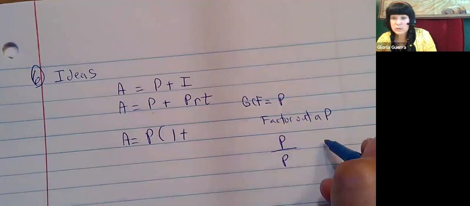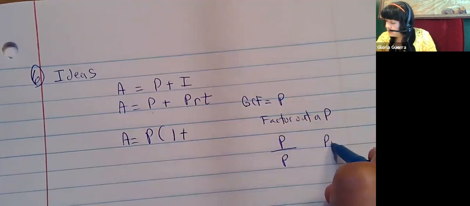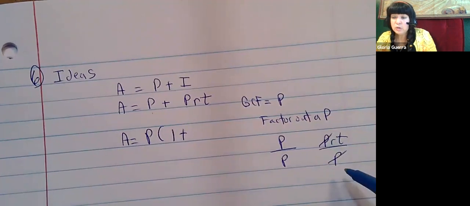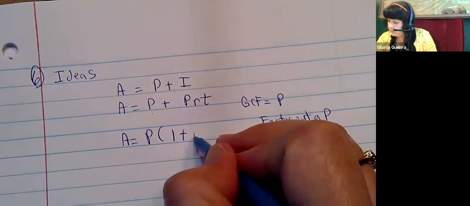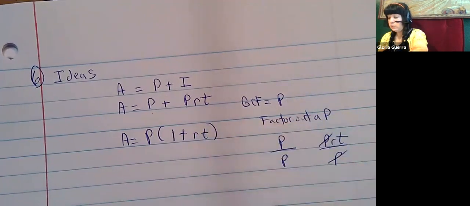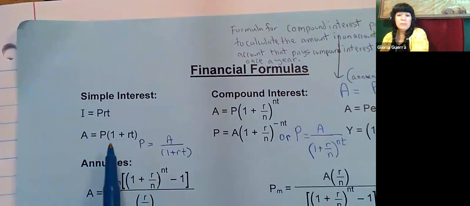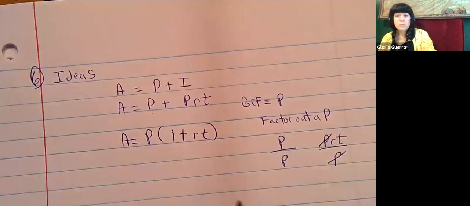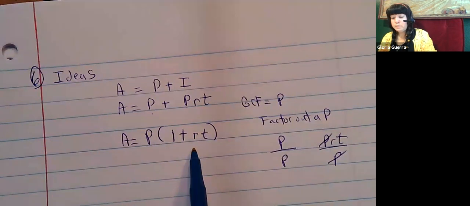And then I take this second term, PRT, and I divide it by P. P goes into P, and I'm left with RT. So I just want to show you that that's where this formula comes from.